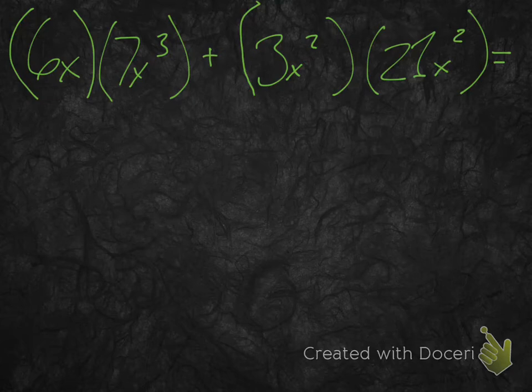Well, what is this all going to equal? We have a coefficient times a coefficient, then a variable raised to a power. So what this is all going to end up equaling is 63x to the fourth on this side.